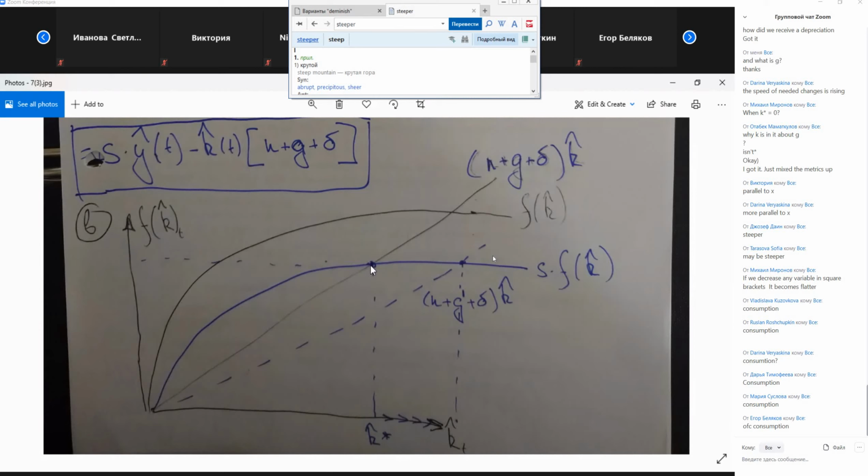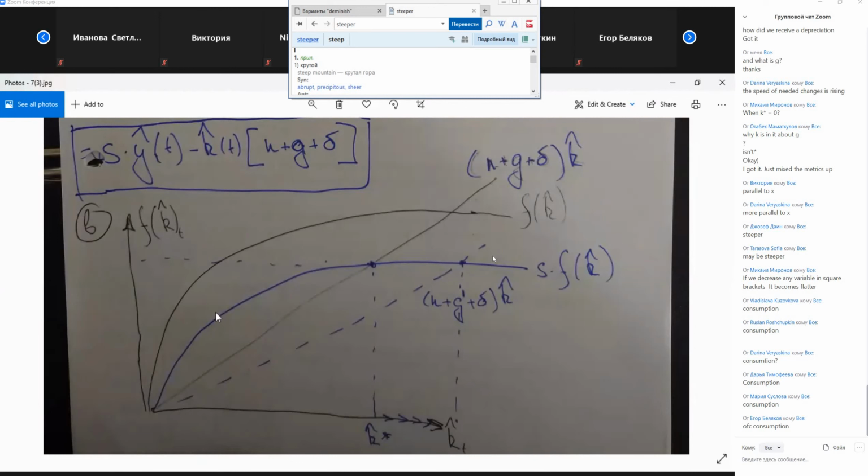To the left of the steady state, we have capital accumulation, because we know that the savings level is above the straight black line.